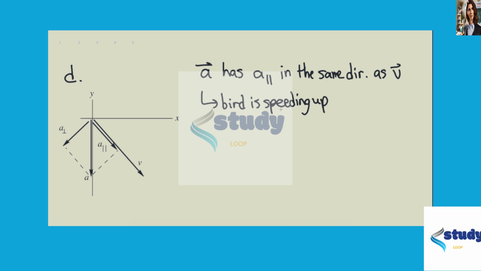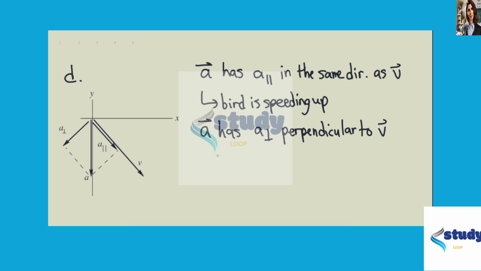We can then say that the acceleration also has a perpendicular component, perpendicular to V. So we can say that the direction of V is changing.